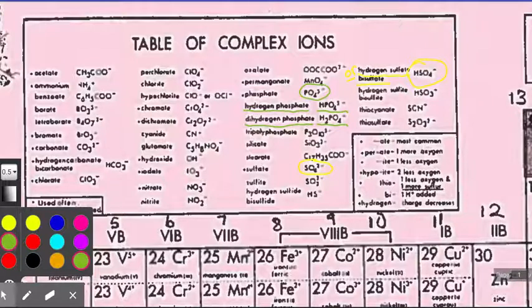There are others in here that we haven't talked about, like, for instance, chromate or dichromate. Those are common polyatomics that you're going to come across in your nomenclature. Because they're in this table of complex ions, you should be able to determine formulas and name compounds with them accurately.